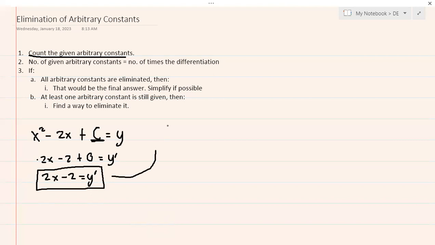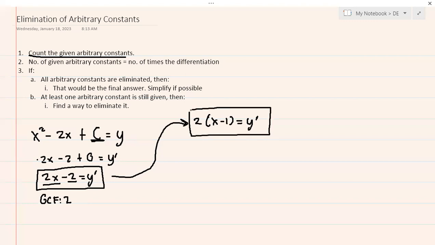By the way, you can still simplify this one. Both 2x and negative 2 are divisible by 2, which is their greatest common factor. So therefore, we have 2 times quantity x minus 1 is equal to y prime. This can also be your final answer. Or you can basically reformat your answer in a different way.